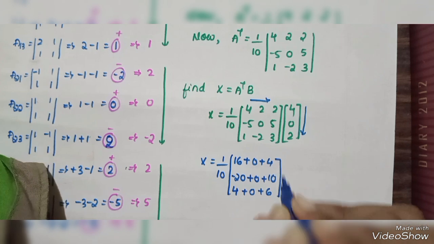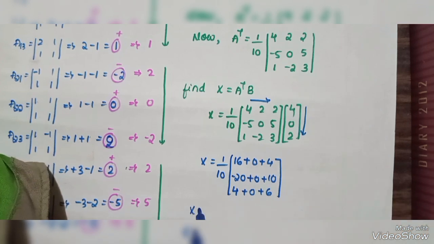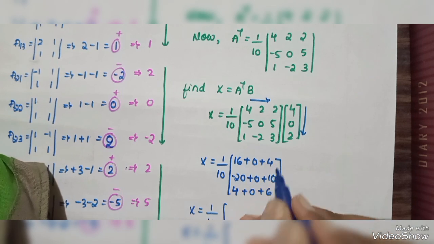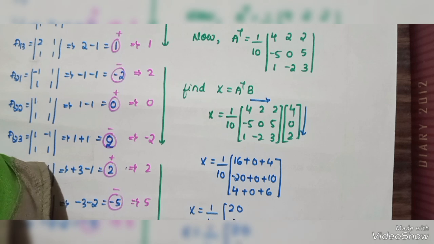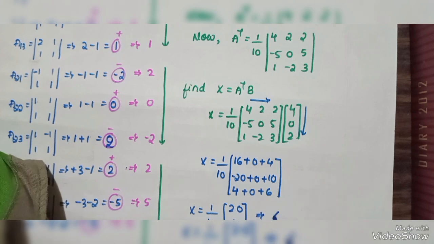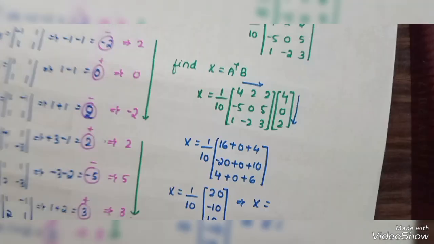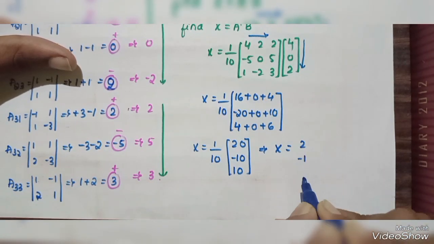We get X is equal to 1 by 10 into 16 plus 4, 20, minus 20 plus 10, minus 10, 4 plus 6, 10. Multiply each element by 10 and we get X is equal to 2 minus 1 1.